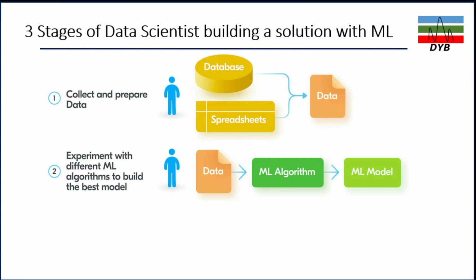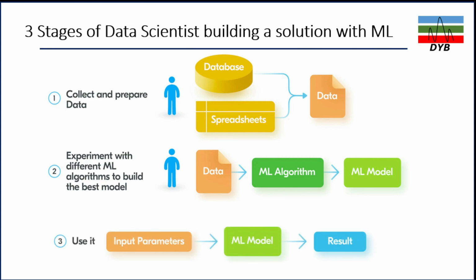So you have the data, you use machine learning algorithms, and based on the algorithm you come up with the machine learning model. Then finally, you can use this model and the data to get the result. You have the input parameters, you have the machine learning model, and you can use this model to predict your output.